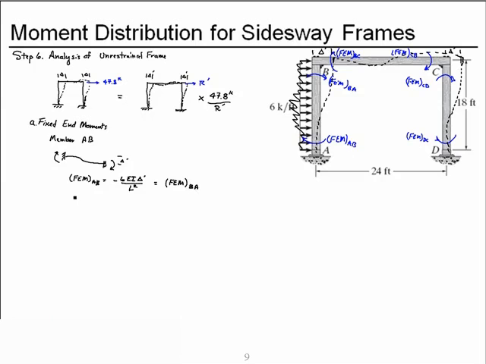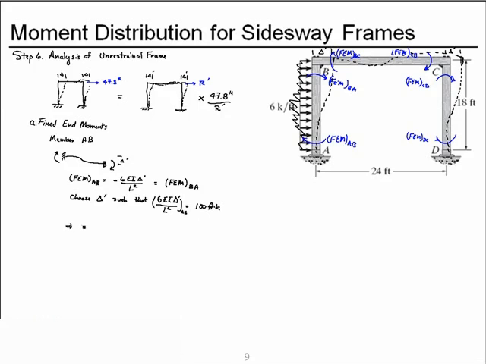Now to keep my math simple, I'm going to choose delta prime such that the quantity 6 EI delta prime over L squared for member AB is equal to 100 foot kips.